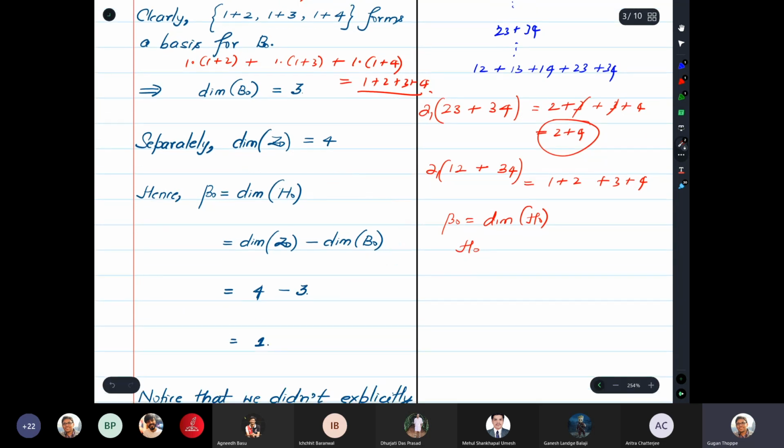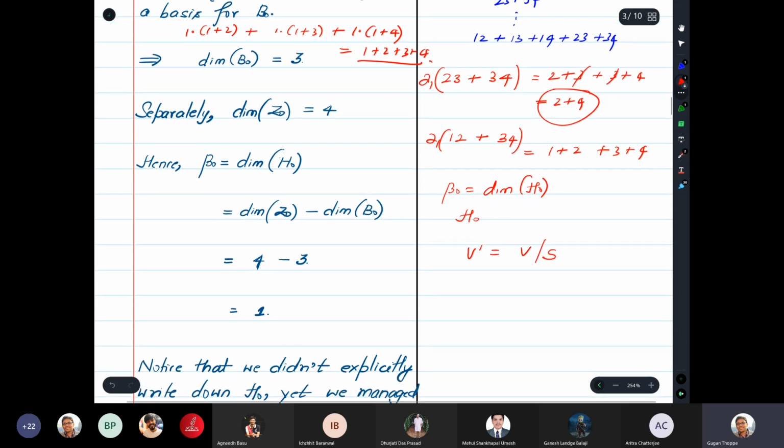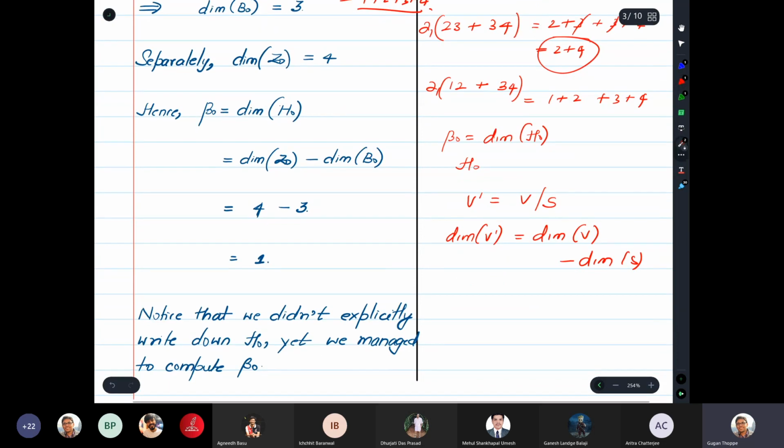One of the theorems that I had stated before, and in fact had proved as well, is that if you have a vector space V prime, which is given by V quotient S, then the dimension of V prime is the dimension of V minus the dimension of S. So accordingly we can see that H0 is Z0 quotient B0, hence the dimension of H0 is the dimension of Z0 minus the dimension of B0.